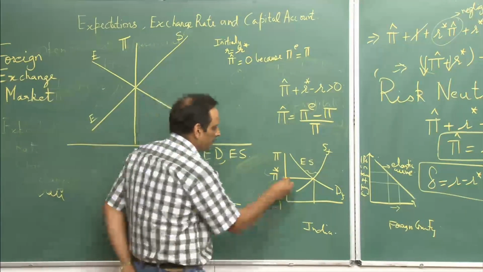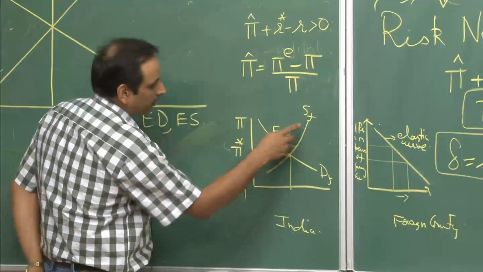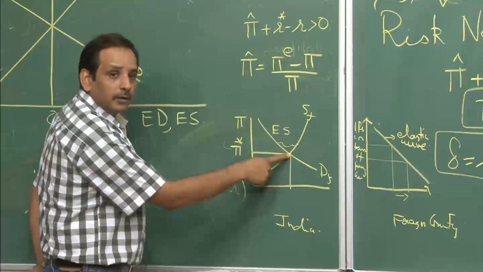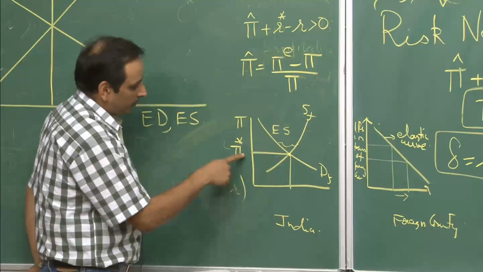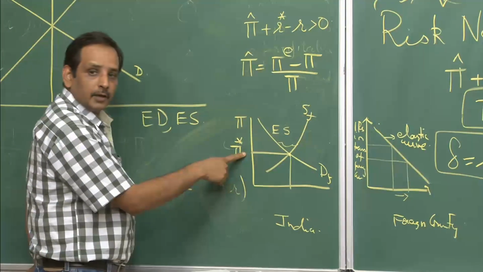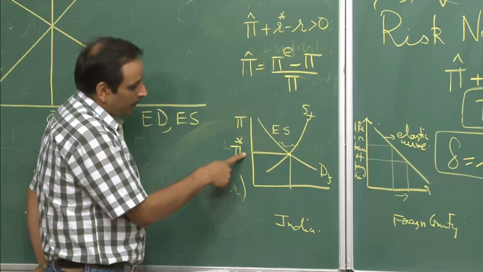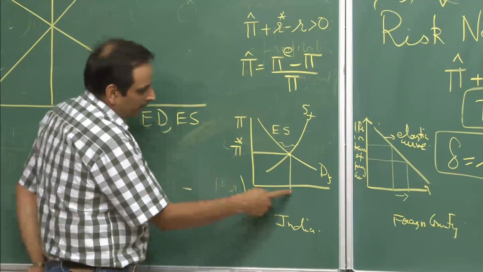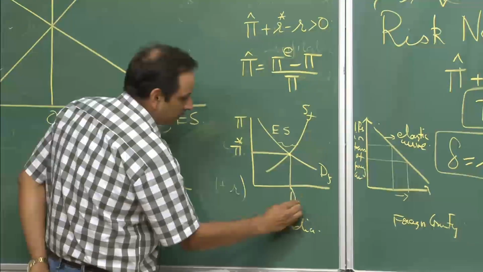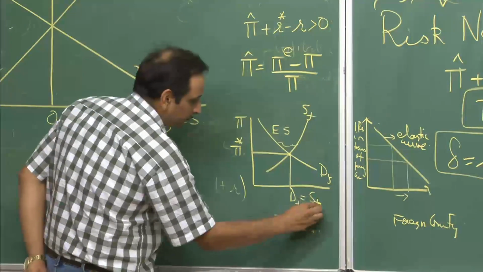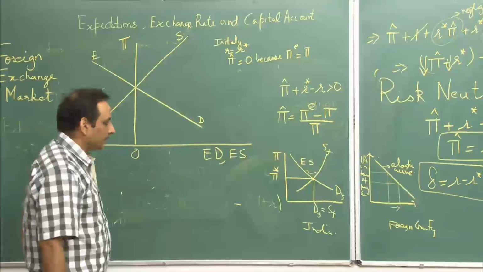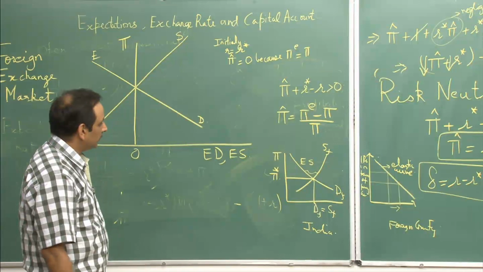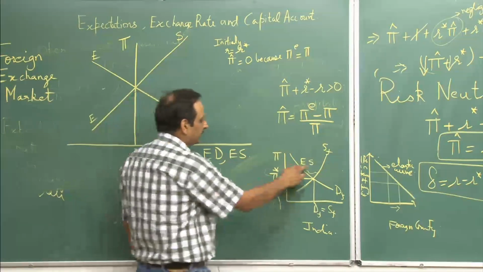So, then the equilibrium exchange rate was wherever the demand would intersect supply, that was the market exchange rate, the equilibrium demand and supply of foreign exchange. Now, what is excess supply?